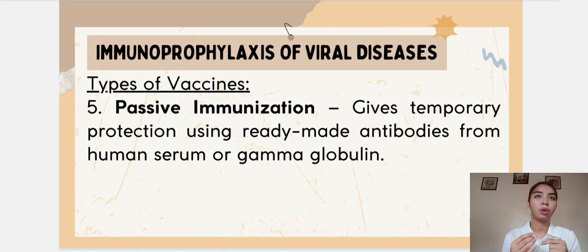Kaya it is very advisable once you got bitten by a dog, cat, or some animal, you are advised to take that rabies shot or rabies vaccine, because in that way you can get temporary protection using those ready-made antibodies from passive immunization.